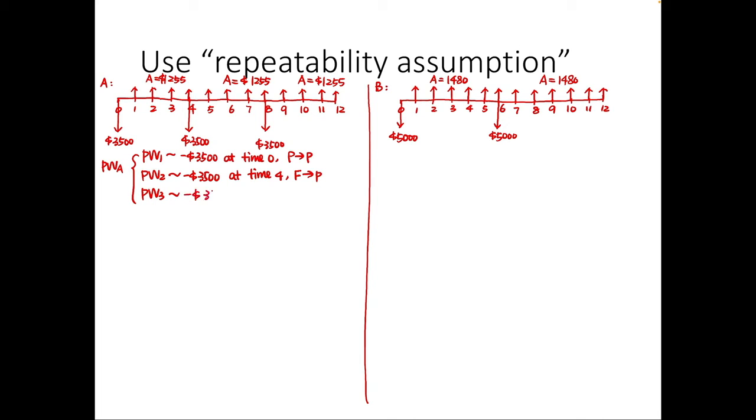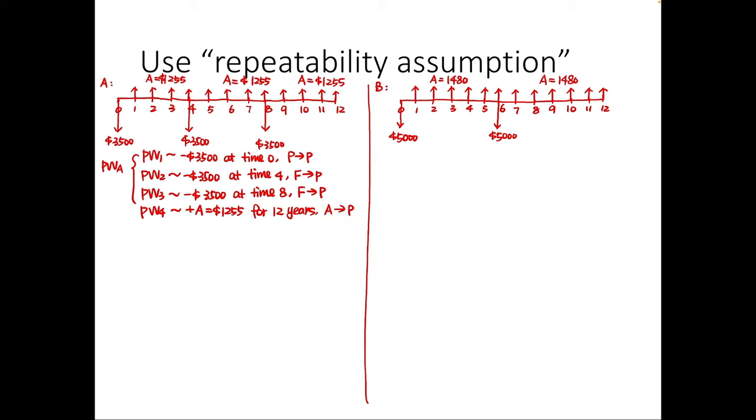PW3 is the third 3,500 you paid at time what? Time 8. So still it's a future worth converted to present worth. And the PW4 is all the positive annuities. Okay, for how many years? 12 years.